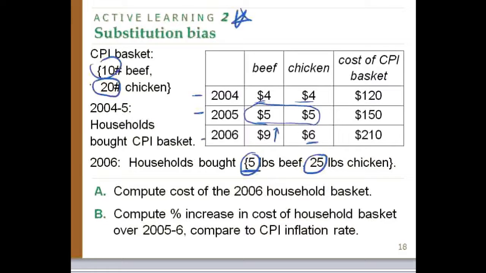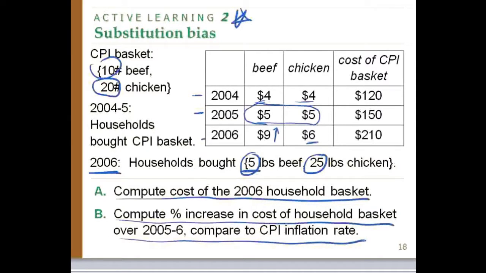So in 2006, let's assume the quantities purchased have changed. What we want to do in this practice is compare the cost of the 2006 household basket and then find the percent increase in the cost of the household basket over 2005 and 2006 and compare that to the CPI inflation rate.